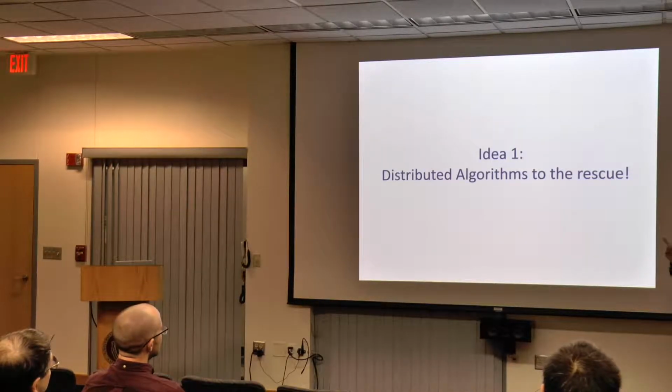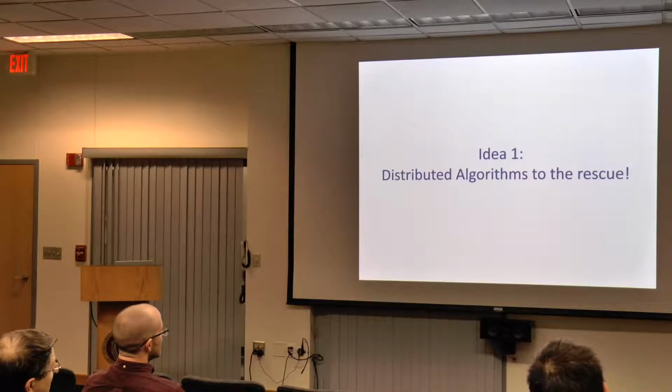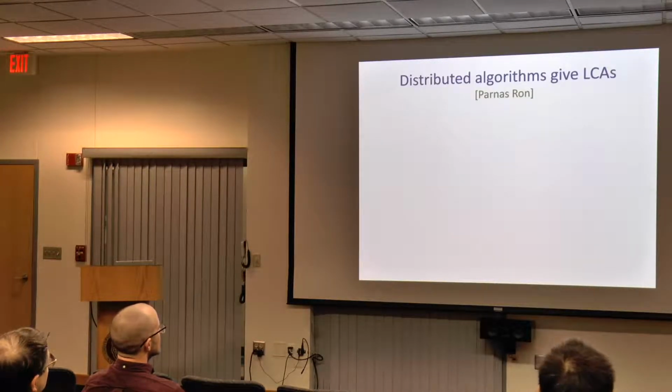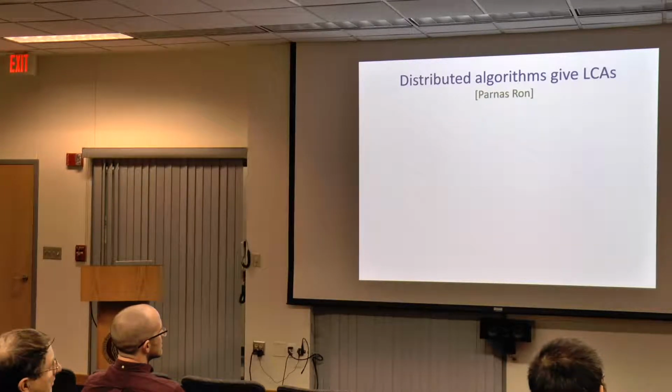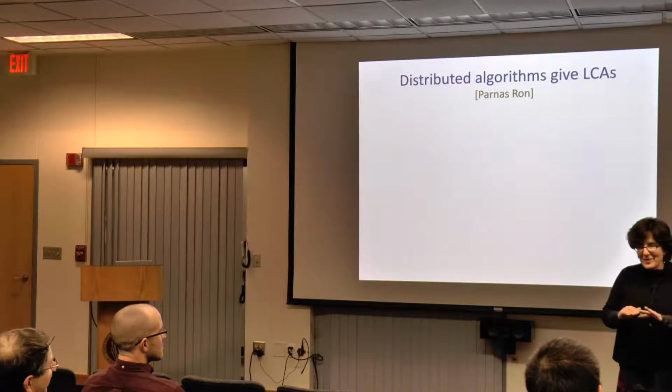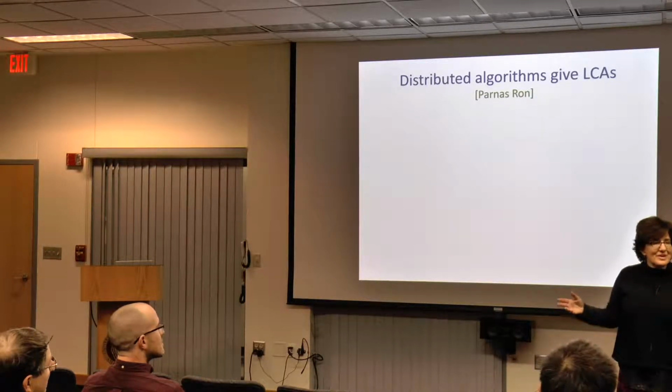The reason you can imagine it is because of local distributed algorithms in distributed computing. I got to tell you something about distributed algorithms that I didn't understand when I first looked at them.